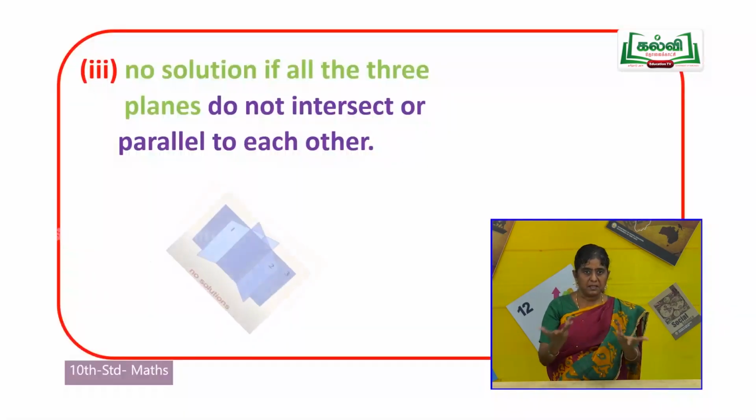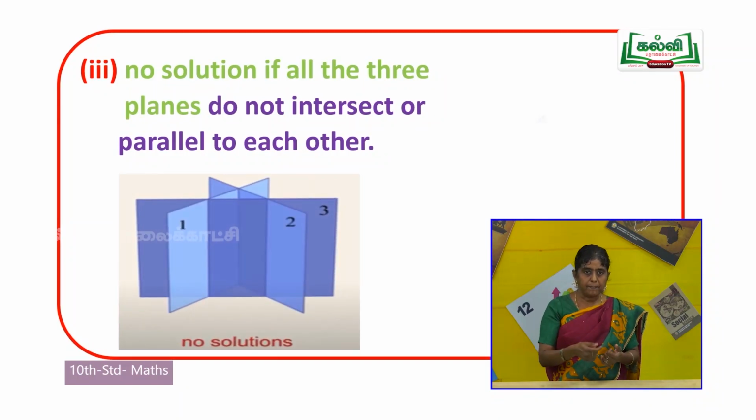See the diagram I showed you. Plane 1 and plane 2 intersect, and plane 3 is there. You look at that, there is no common point of intersection. They are cutting each other, the first plane and the third plane, the first plane and the second plane, but not all three together.